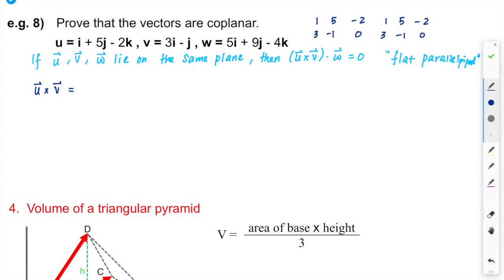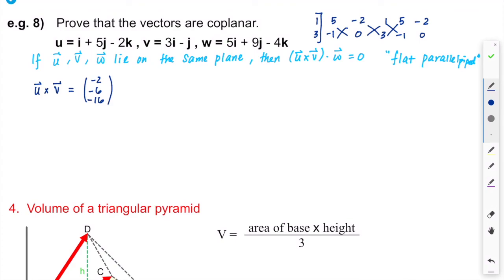Okay. So 5 times 0 minus 2 times 1, -2. -6, -1 minus 15, -16. So -2, -6, -6. Okay, good.